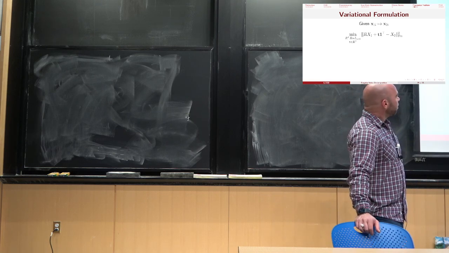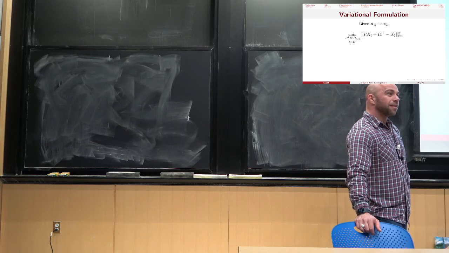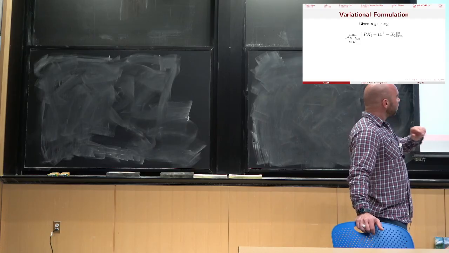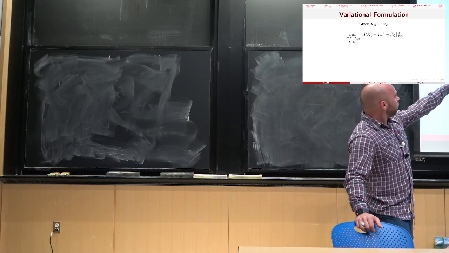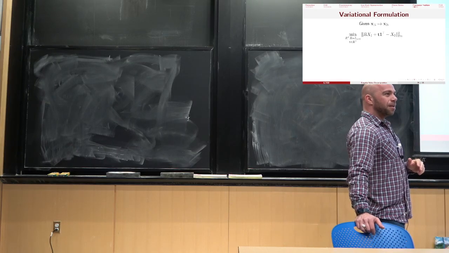My optimization variables, there's actually 2 of them in this problem. One is a 3 by 3 matrix R, which is the rotation, and then a translation vector T that says I take every point in x1, I rotate it by R, and I translate it by T, and then I want to end up on x2.